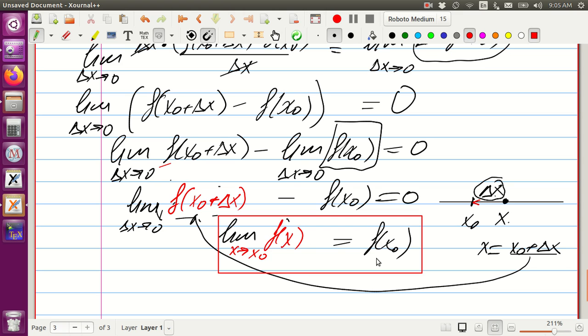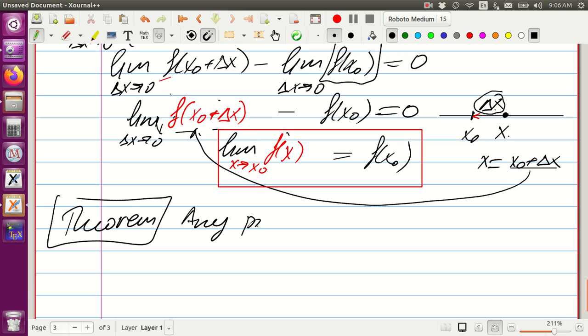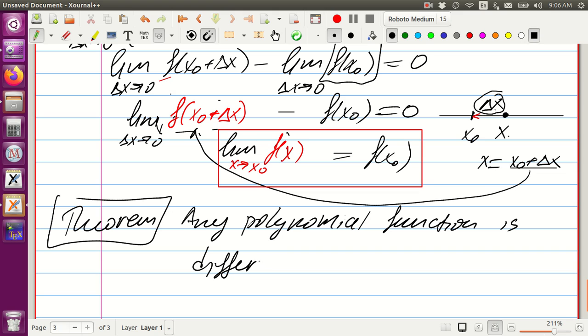The last thing for today, not for today, but for this lecture, is to discuss the following rule. Theorem that says that any polynomial function is differentiable.